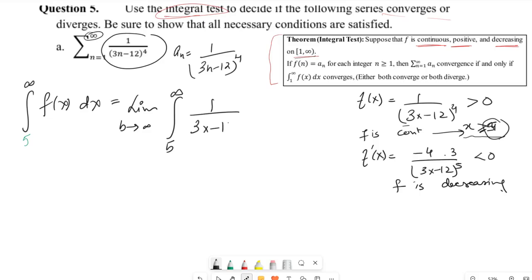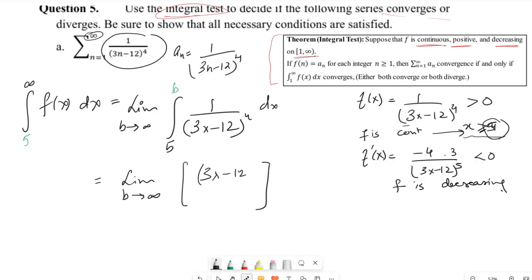The integral of the function would be power add. Here we'll have b, power add. The power is negative 4, so it'll be negative 4 plus 1, negative 3, divided by negative 3 times 3 because of this coefficient, from 5 to b.